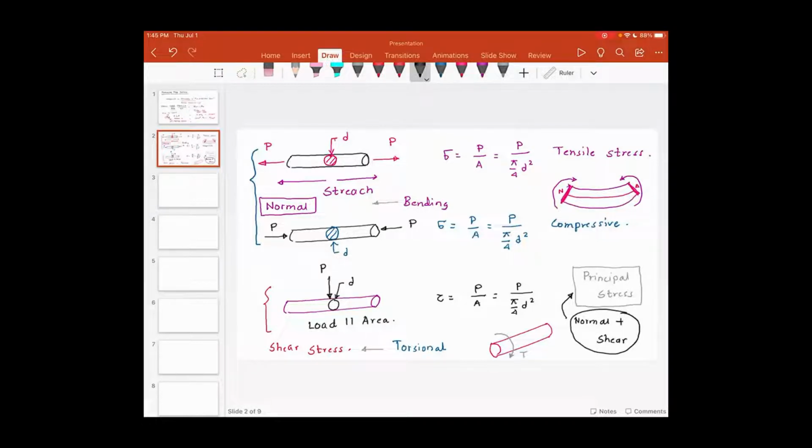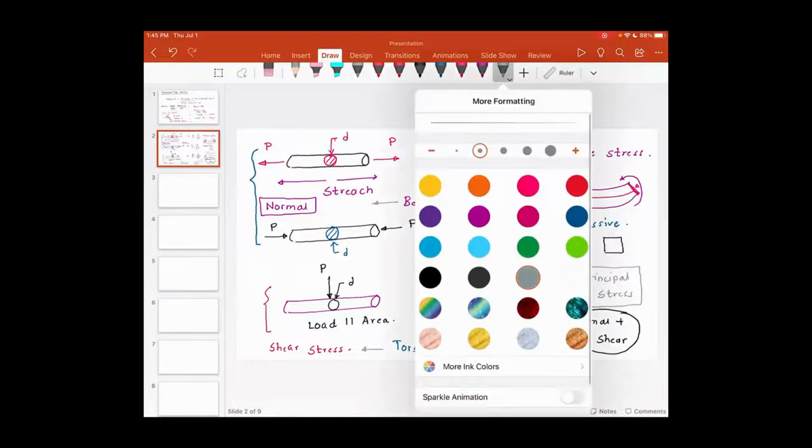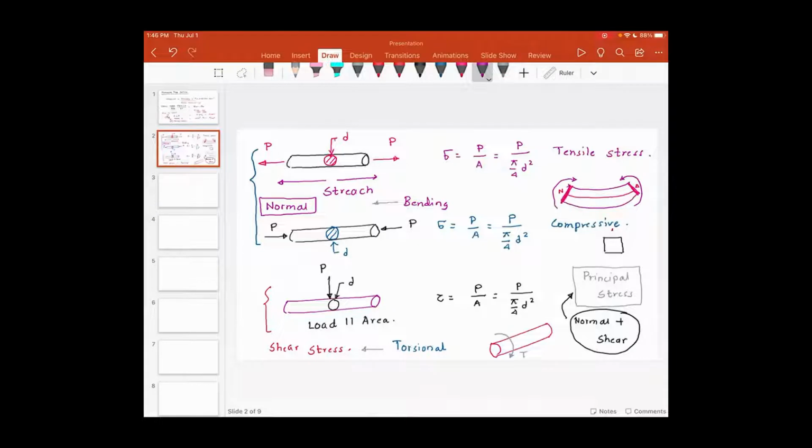For principal stress to exist, and let me show you what it means by existence of principal stress, and probably you have seen this diagram before, you have normal stress, and then you have shear stresses acting over here. So this is the condition for principal stress, which means you have normal and shear stresses acting simultaneously.